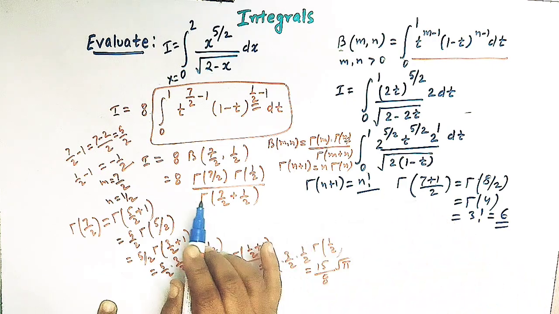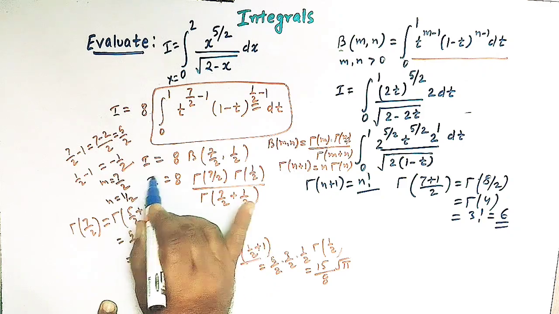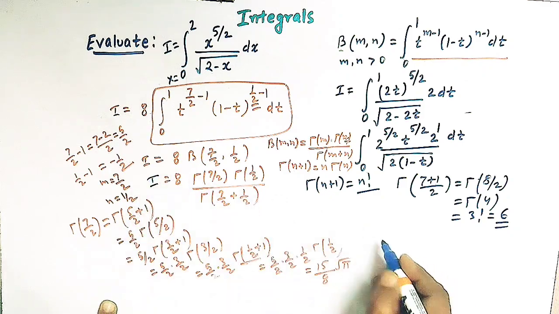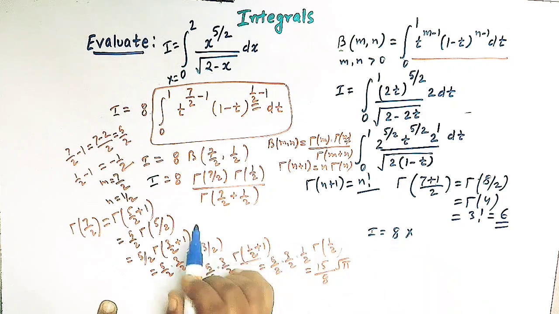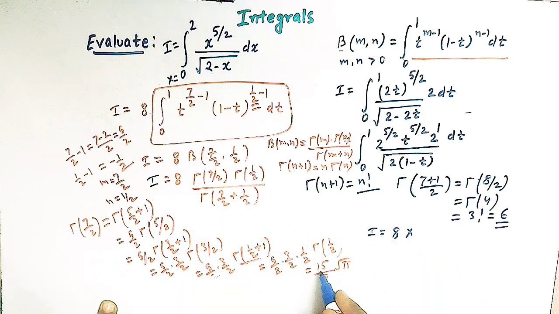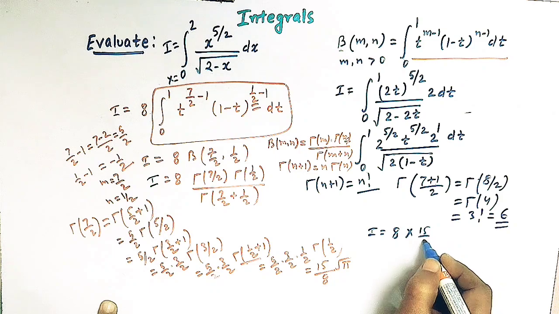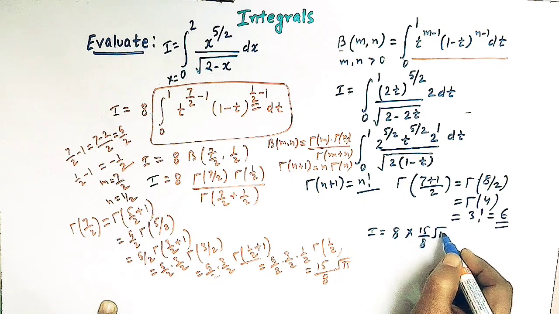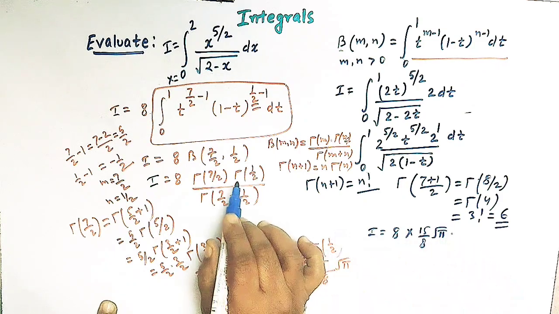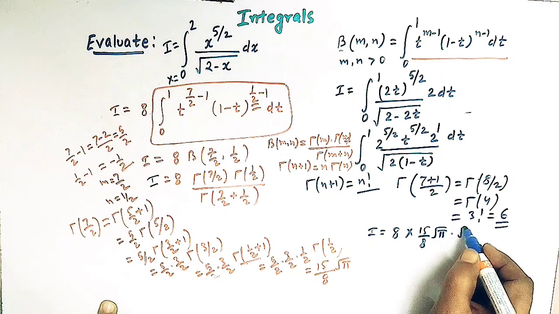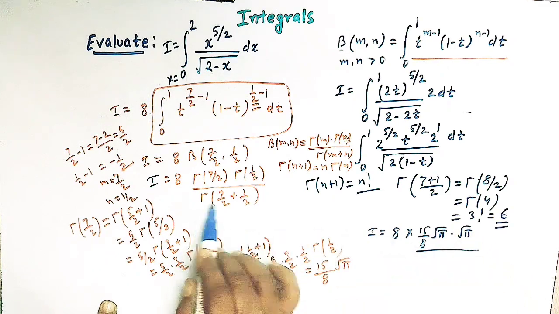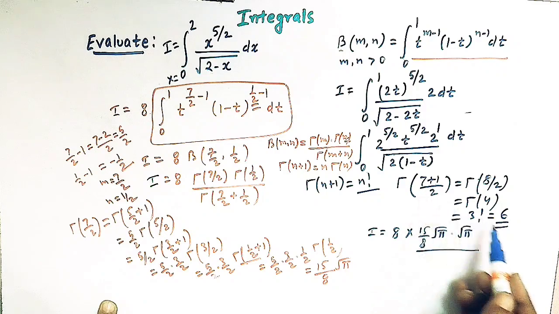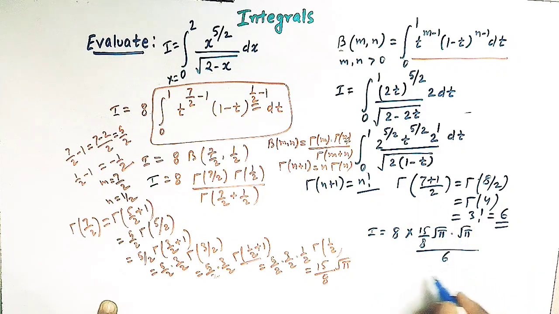So now we can write the value of this integral I as 8 times gamma 7 over 2, which is 15 over 8 root pi, and gamma half is square root of pi, divided by this expression, and this is equal to 6, right?